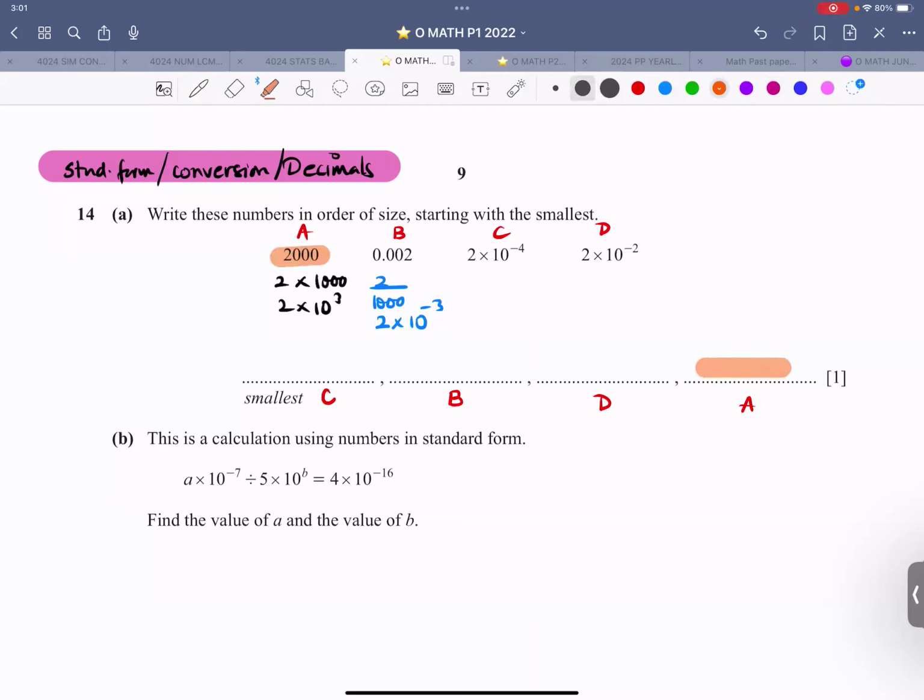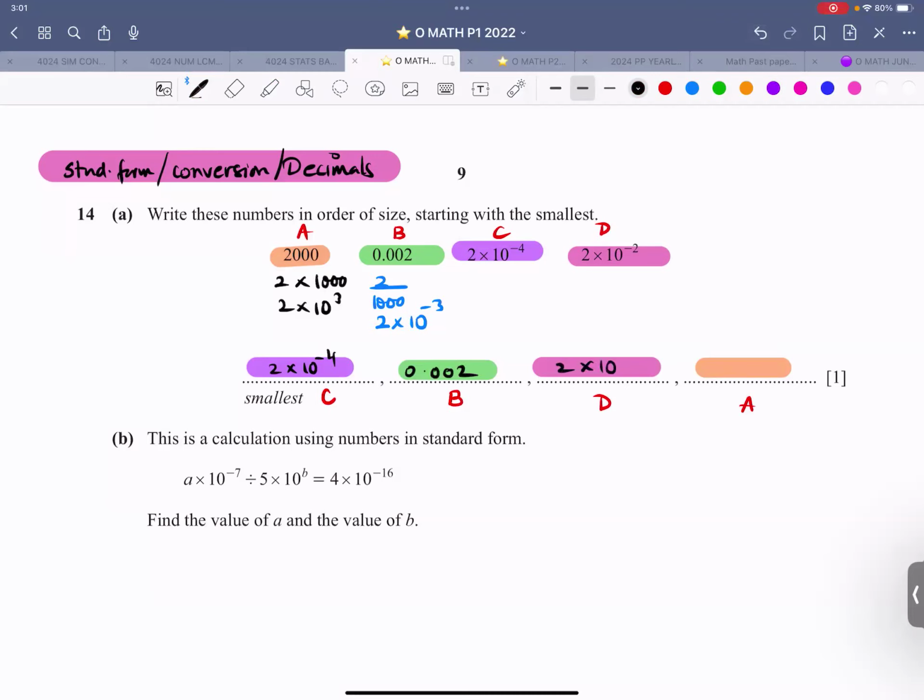And then B goes over here. And then C goes over here. And then D goes over here. So now this is easier for you to write out. So the smallest is C. C is 2 into 10 raised to power of negative 4. The next one is 2 into 10 raised to power of negative 3. But that's written as 0.002. So write the original thing, 0.002.